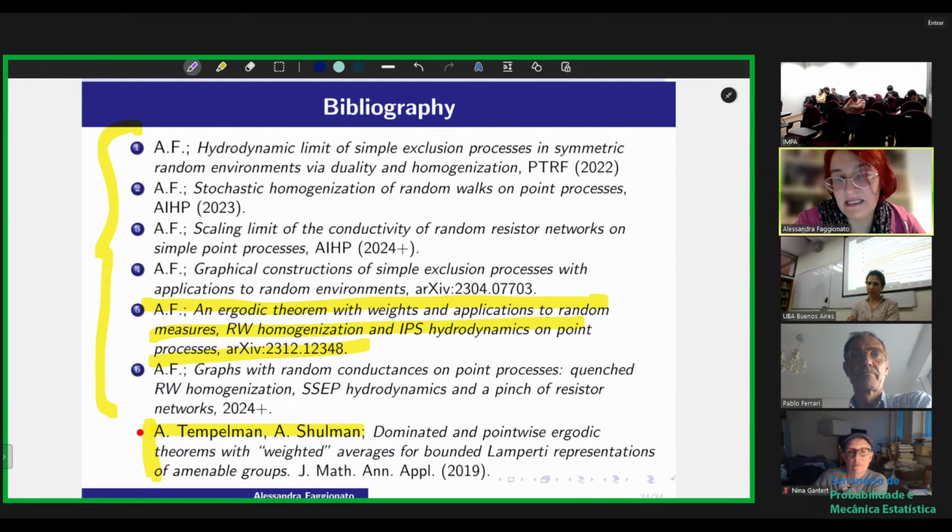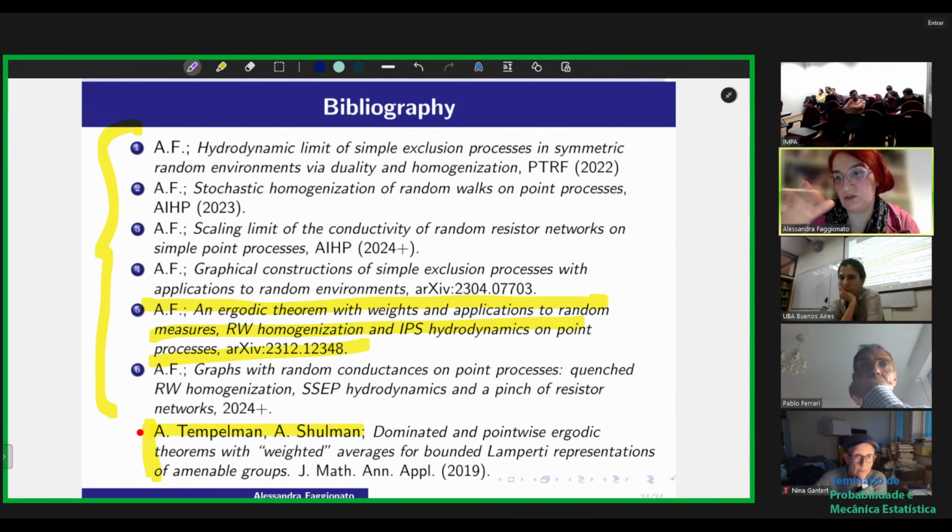Probably one can build some. In order to build a simple point process with infinite moment of, for example, the number of particles in a box, it is simple if you don't require ergodicity, because you can take a superposition, so a linear combination of standard simple point processes, and you put the weights in such a way that the mean intensity is infinite.